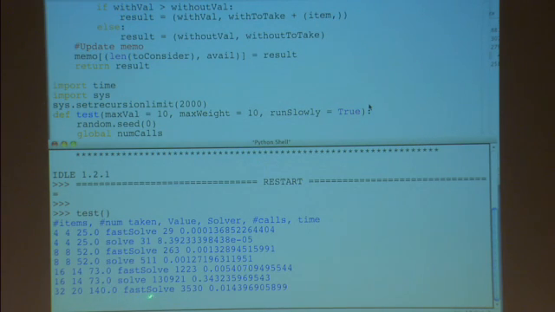But we seem to be stuck here. So you'll notice at 16, solve made 131,000 calls, fastSolve 1,200. Only took 1/3 of a second. But we seem to be kind of stuck. At 32, fastSolve made 3,500 calls. But solve seems to be stuck.